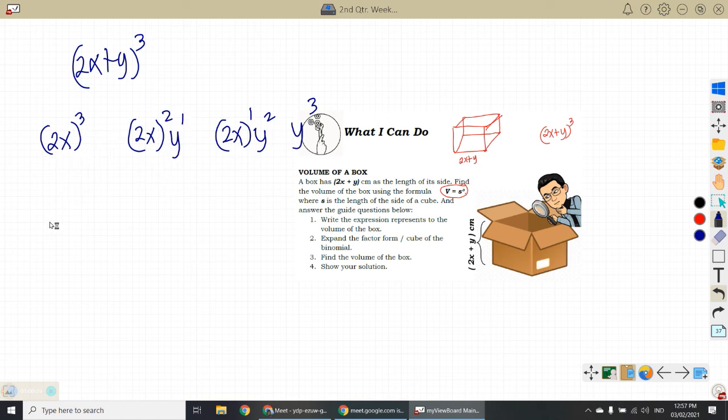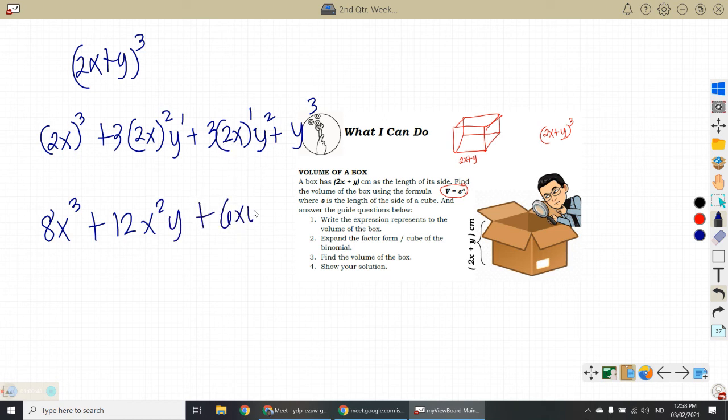So, this one is 8x cube. Mayroon pa yan 3, no? Yan, 3 dito. So, plus. This becomes 2 times 2 is 4. 4 times 3 is 12. 12x squared y plus 3 times 2 is 6xy squared plus y cubed.